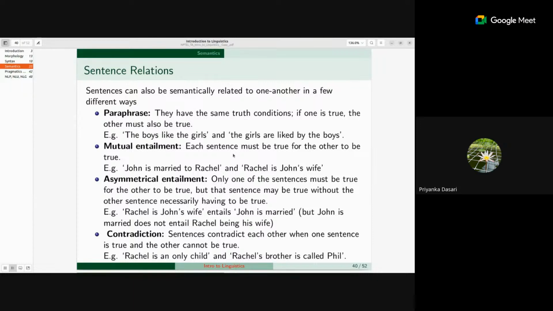So just observe the examples and try to understand the difference. And contradiction: sentences contradict each other when one sentence is true and the other cannot be true. Like Rachel is an only child, and Rachel's brother is called Phil. They contradict.